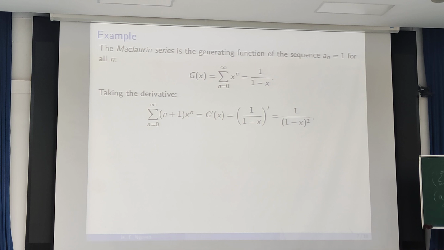Okay, so if you write it in detail, instead of using the sigma notation, that means that the sum on the left hand side is, if n is 0, then it's 1 plus 2x plus 3x squared plus 4x cubed and so on, which will be equal to 1 over (1 minus x) squared.